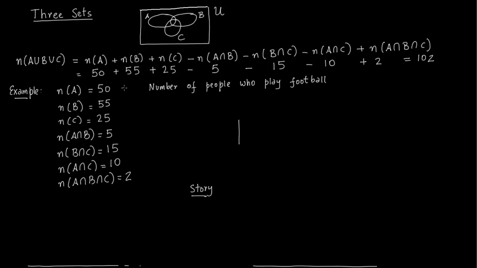So I will just associate a number. So B is people who play tennis. So 55 people play tennis. 25 people play hockey. So number of people who play hockey is 25.